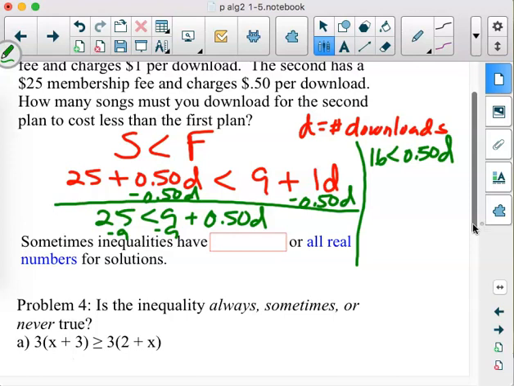How do you get D alone? Divide. So it's up to you. You could use a calculator and do 16 divided by 0.5. I think in terms of fractions. 0.5 is 5/10, which is a half. If you divide something by a half, you really multiply it by 2.